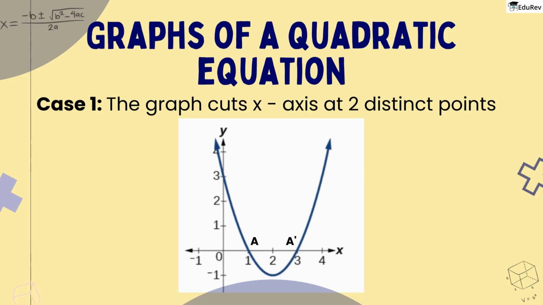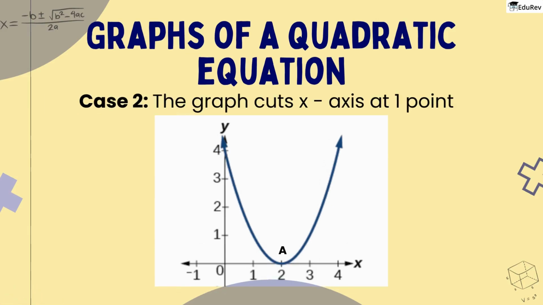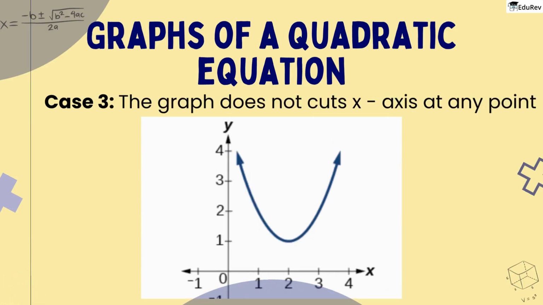Moving on, we shall discuss case 2. In this case, the graph cuts the x-axis at exactly one point, or we can say at two coincident points. Here, the points a and a dash of case 1 coincide to become one point a. Next, we talk about case 3.